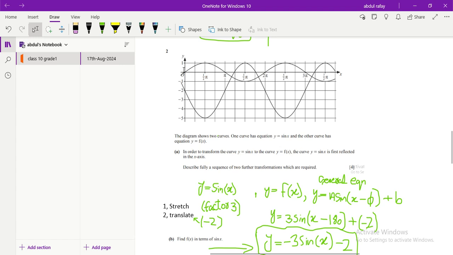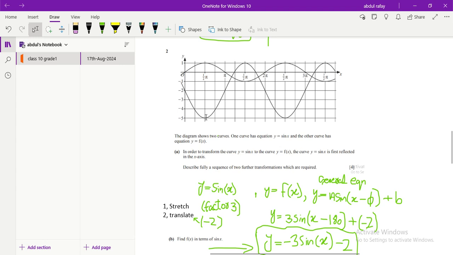This is very simple. If you multiply y equals sine x by 3, you will get this, because y equals sine x starts from the origin and its peak value is 1, while the curve y equals f of x goes from -2 to -5.